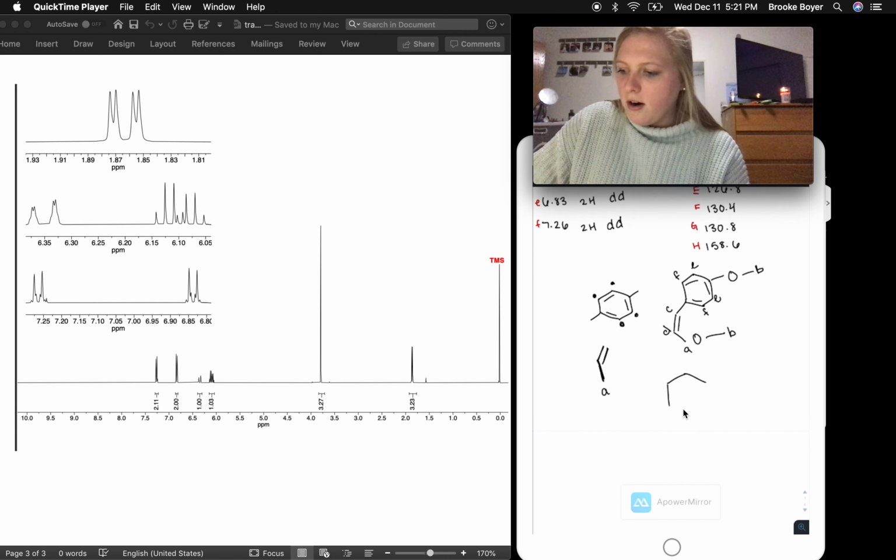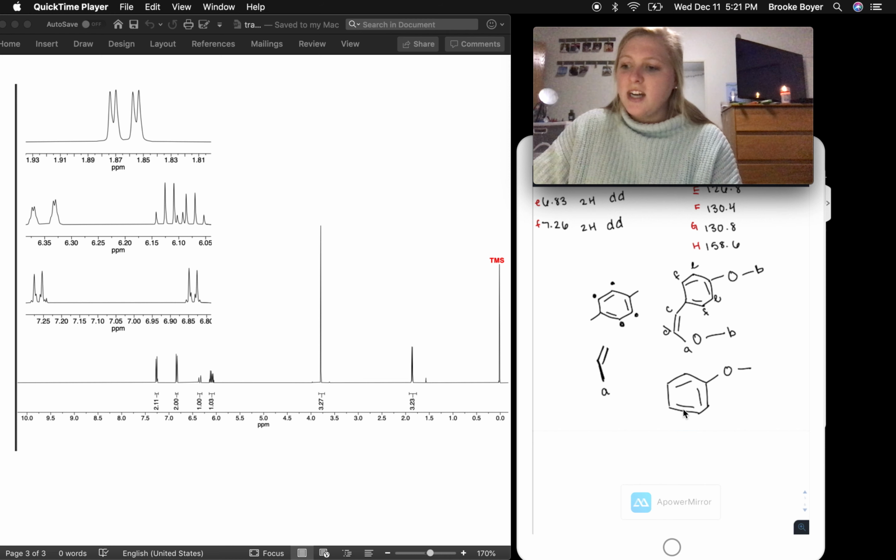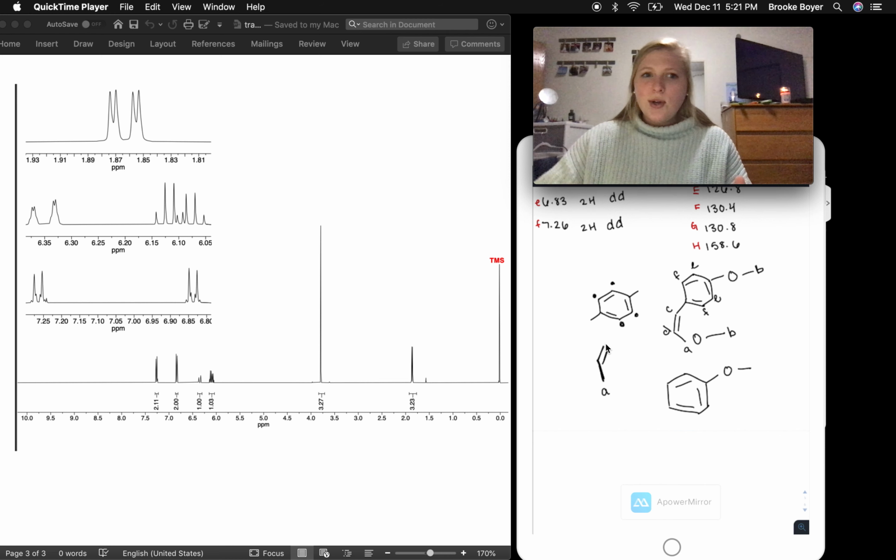The next thing we'd have to decide, if that is our compound, which it does match, is whether our alkene is cis or trans. What would tell us is the J value. A cis J value would be within about 10 hertz, and a trans would have about 16 hertz.